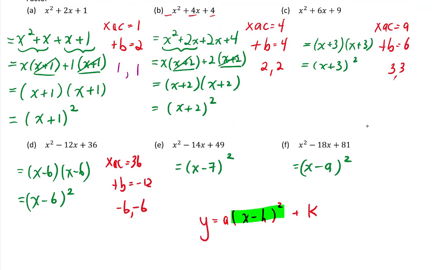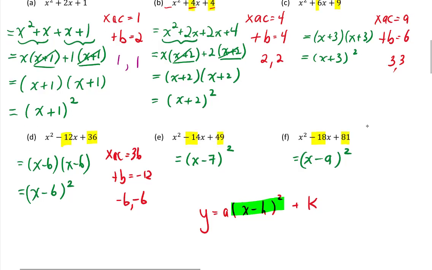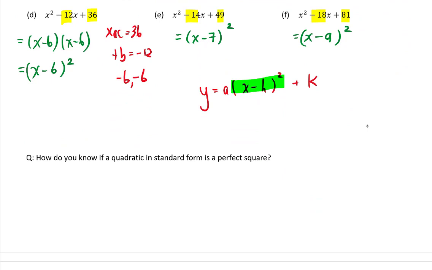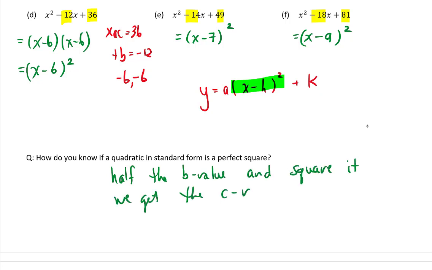And the key is to look at the b value and the c value for each of them. One way we can explain this is by saying if we take half the b value and square it, we get the c value. So mathematically, if you want to write that out, that's b divided by 2 and square.